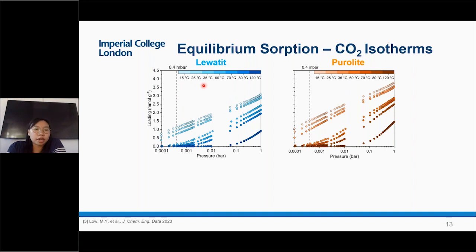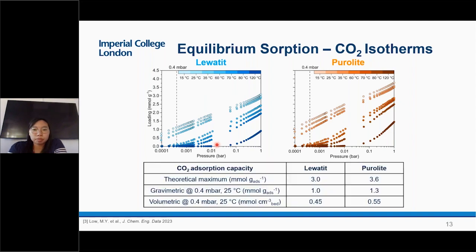And we've measured isotherms at 7 different temperatures, going from 15 degrees up to 120 degrees Celsius. And so if we start comparing the adsorption capacities, theoretically, if we assume that CO2 capture is only happening by 2 nitrogens capturing 1 CO2 molecule, Purolite should capture more CO2 just based on the nitrogen content that I showed earlier. And we see that that's also the case experimentally.